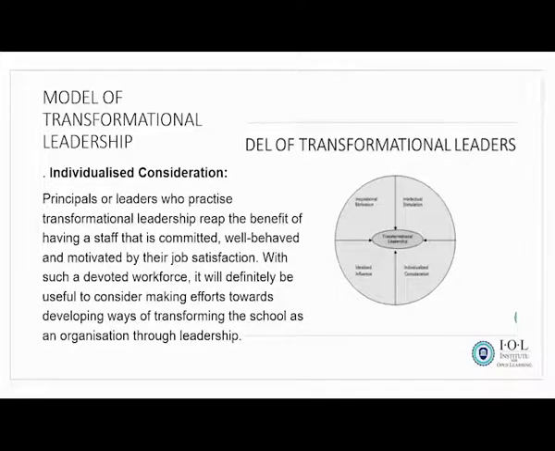So in fact, every principal or every leader at a school must embrace the notion of transformational leadership, because what you're going to benefit is of paramount importance. With such a devoted workforce, it will definitely be useful to consider making efforts towards developing ways of transforming the school as an organization through leadership.